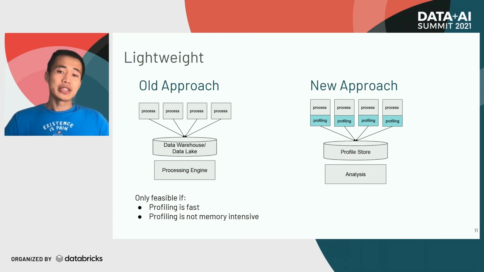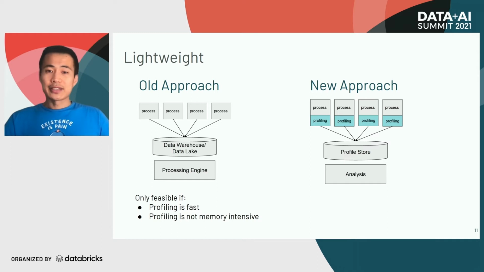A new approach is that instead of doing that in a centralized way, you can start collecting data statistics as you stream through your data, when you process the data within the process. So you don't have to add additional infrastructure. You just add some library or some sidecar process or an additional process on your machine, and you can run it all in your Docker container, and then you can run profiling.